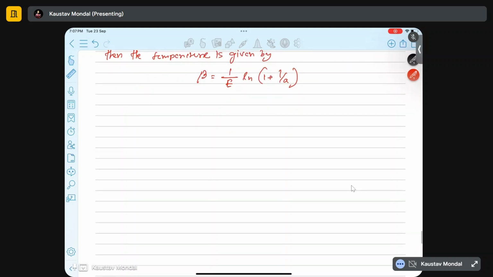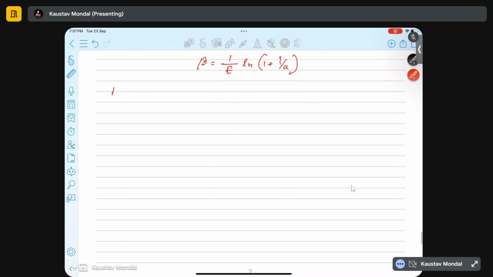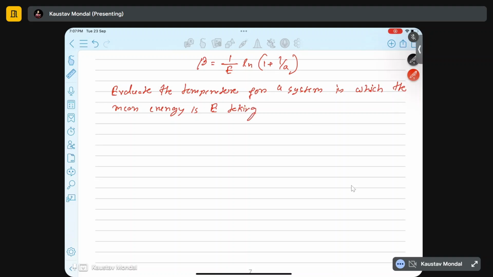Next, evaluate the temperature for a system in which the mean energy is ε, taking ε equivalent to 50 centigrade.